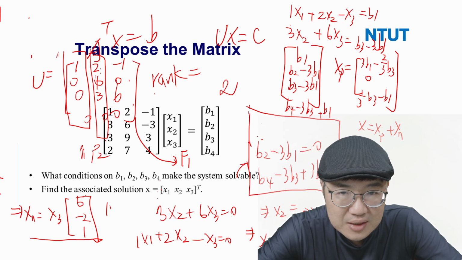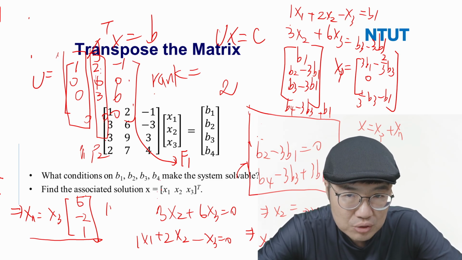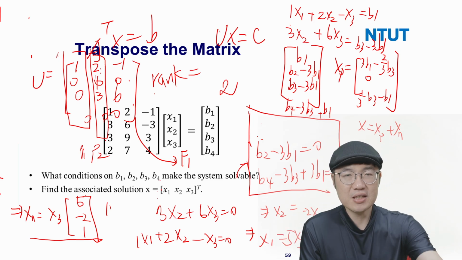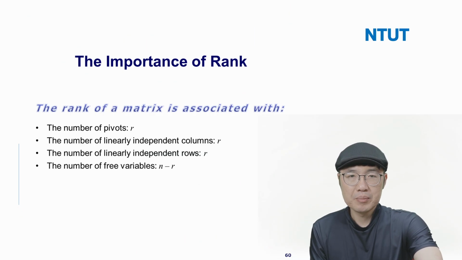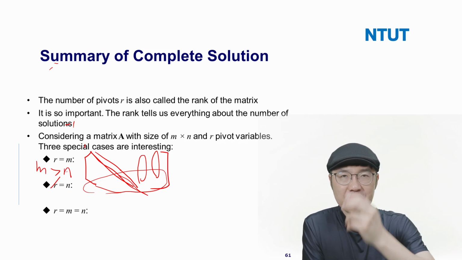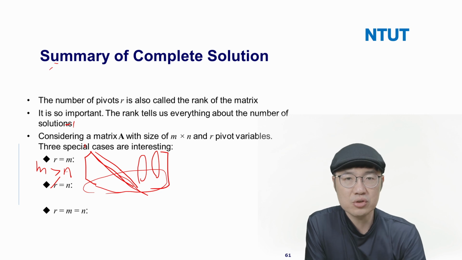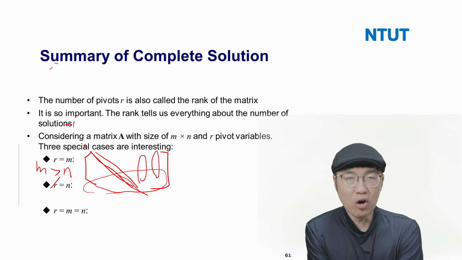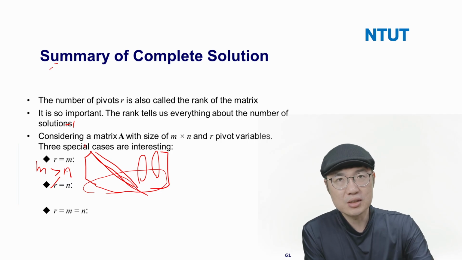This further means that the zero rows in U must be matched to zero. So we keep finding these conditions. Yet in this case, if R is M, if there are no more zero rows, we don't have to bother whether there is a solution. It always has a solution.